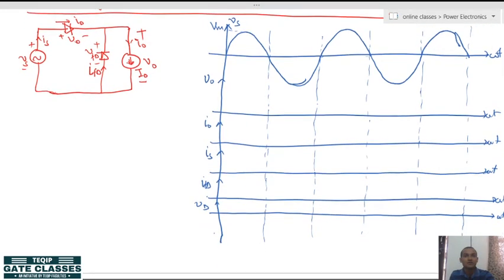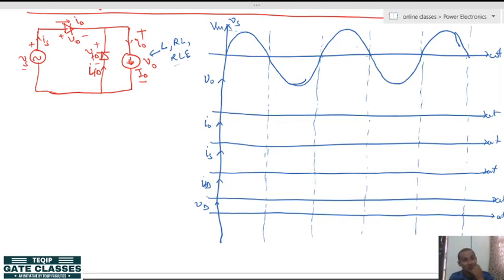Okay. So, since you can see this is a continuous constant current load, this constant current load may be a pure inductor, it may be an RL type load, or it may be an RLE type load. It can be any of them. All right. So, even if this is RLE, there is no need to draw E here.